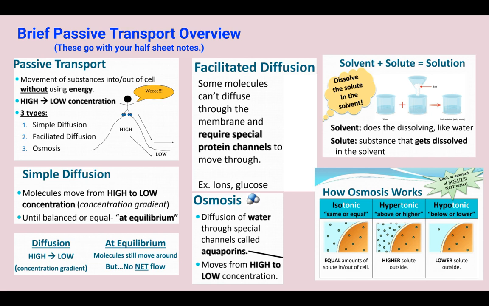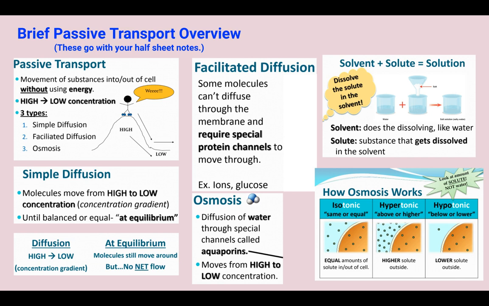This allows them to pass straight through the membrane. If we're using facilitated diffusion, this means that these molecules or particles are a little bit larger, or maybe they carry a charge, such as an ion here as the example. That's the major difference between simple and facilitated diffusion. If it can't go straight through without disrupting the membrane, it's going to need a protein to help it move, and that's what facilitated diffusion does.